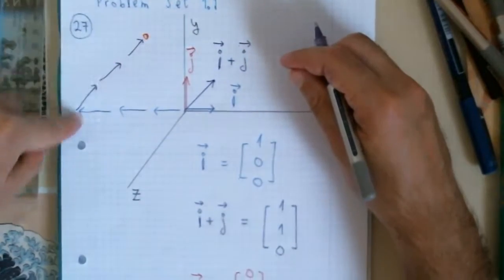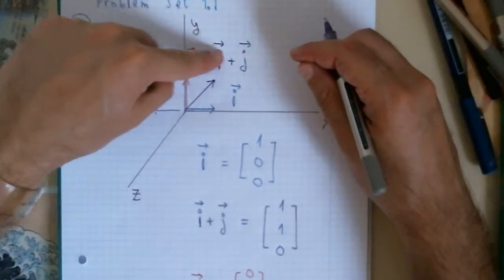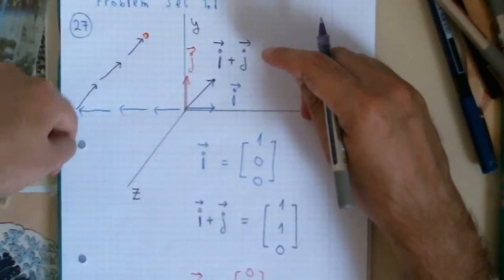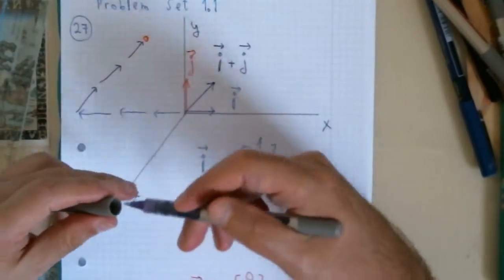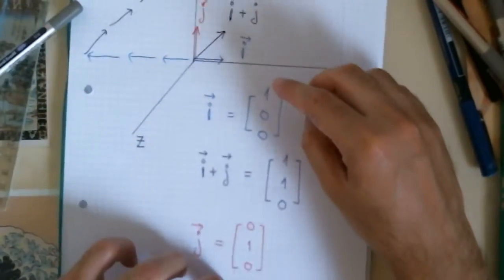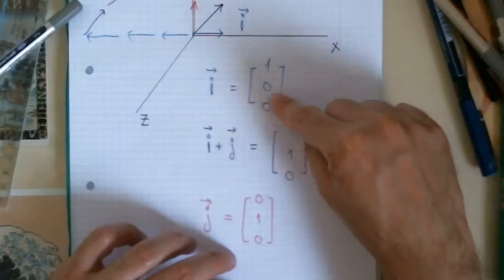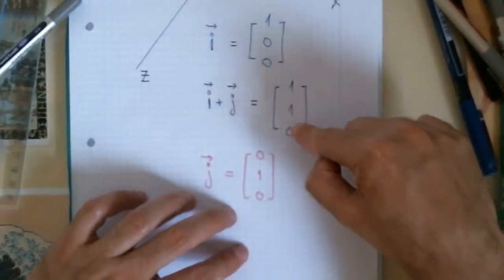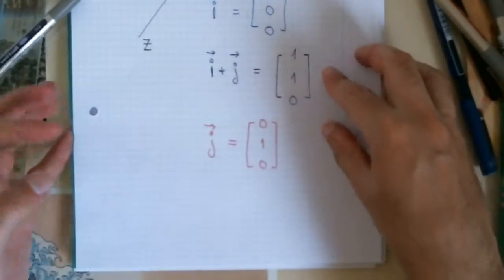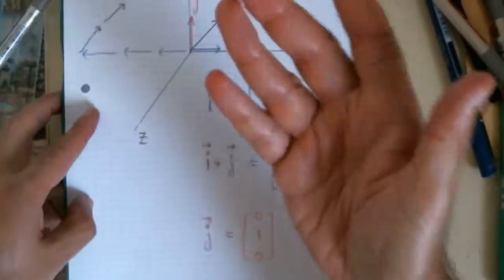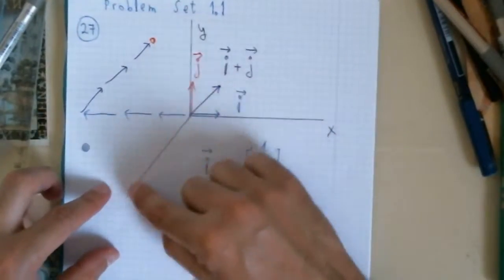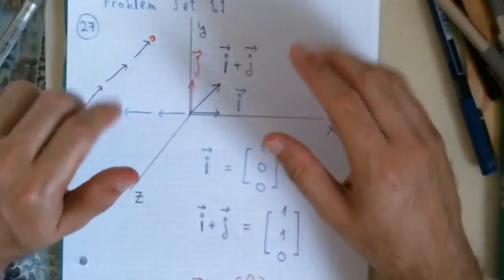Or if we wanted something in the bottom, we would take minus I plus j, and we would go in this direction. What we can't do is get the z direction, because the third component is 0 here, and it's also 0 here and here. So we can't go out of the paper. The z direction is blocked for us.